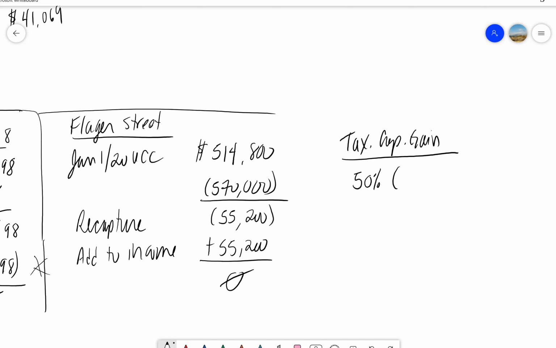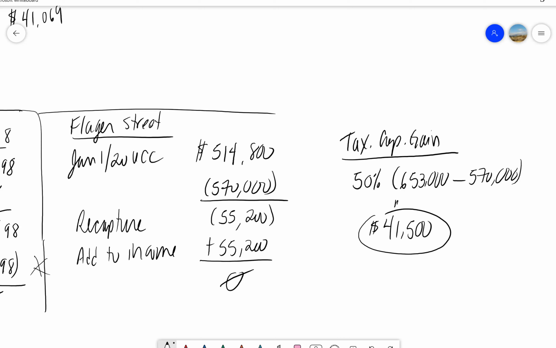So the gain was $653,000 minus the cost of $570,000. That's going to be a capital gain of $83,000. We multiply it by 50%. And so the taxable capital gain is going to be $41,500.